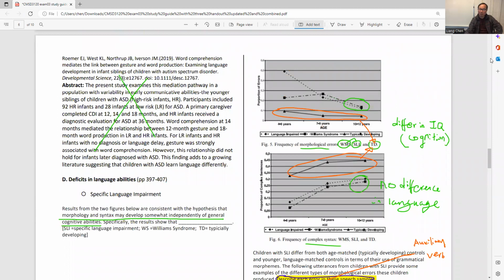But I want you to make sure that you know which groups of children are being compared.